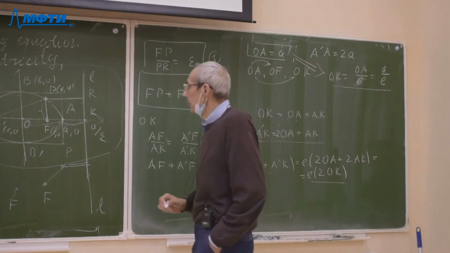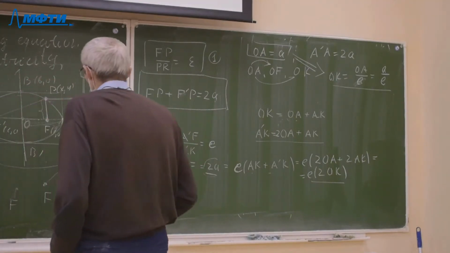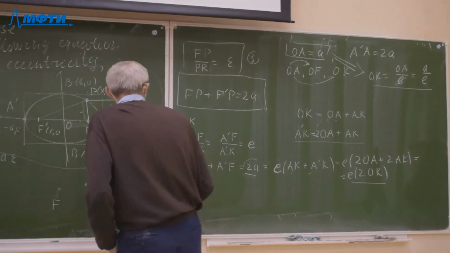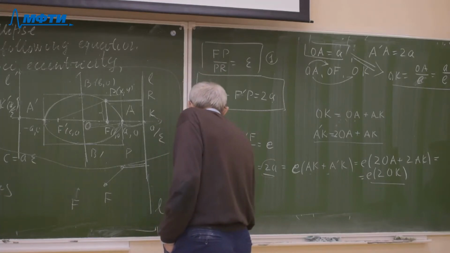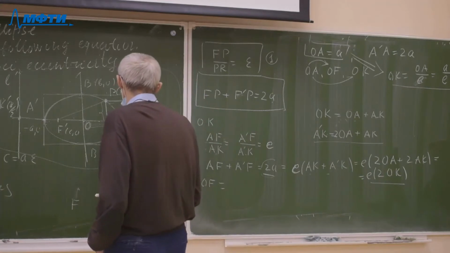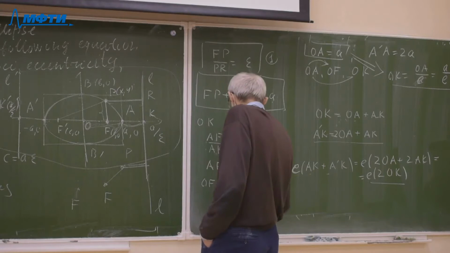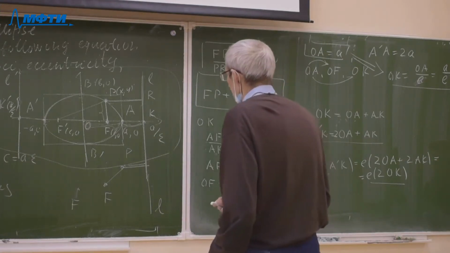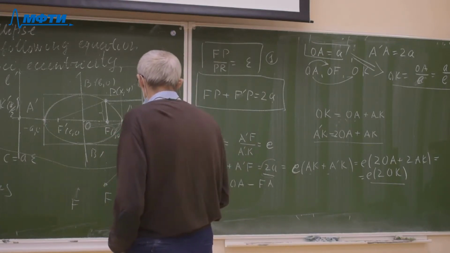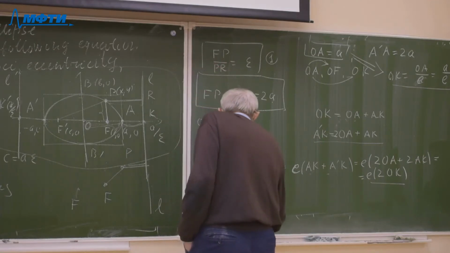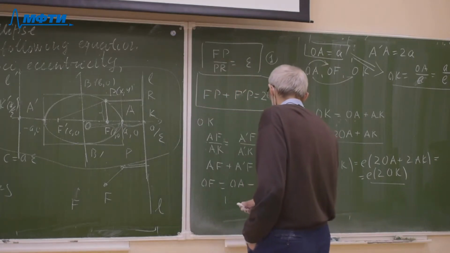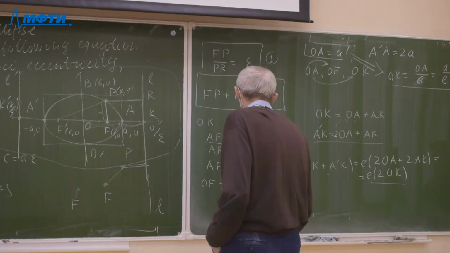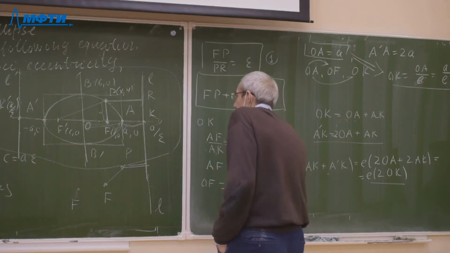The second relation between OA and OF. Easy to see that OF is equal to the difference OA minus FA. FA is equal to epsilon, E, times AK.